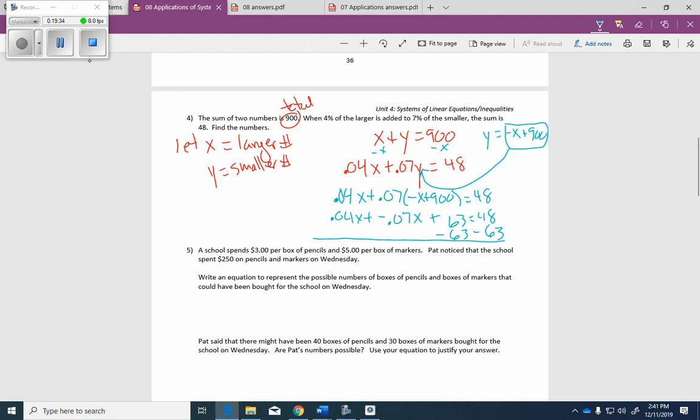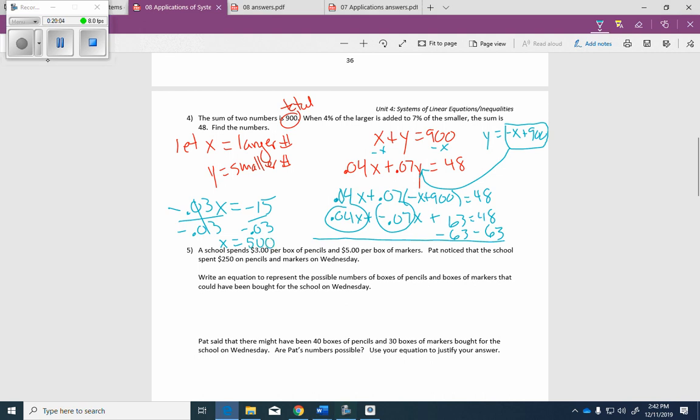And I'm also going to combine these. So I get negative 0.03x equals negative 15. Divide both sides by negative 0.03 and x is 500.